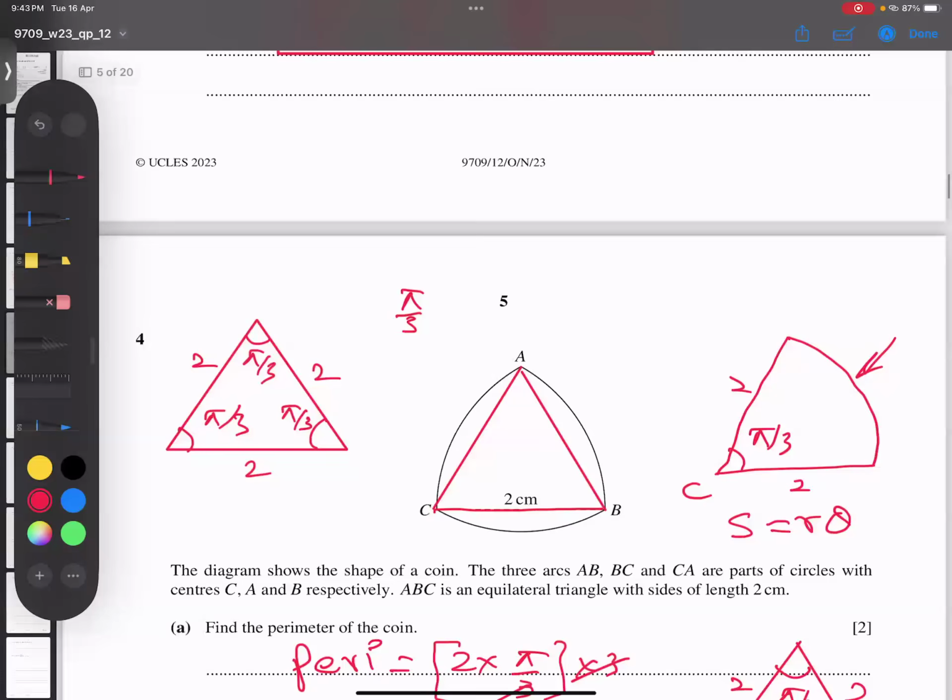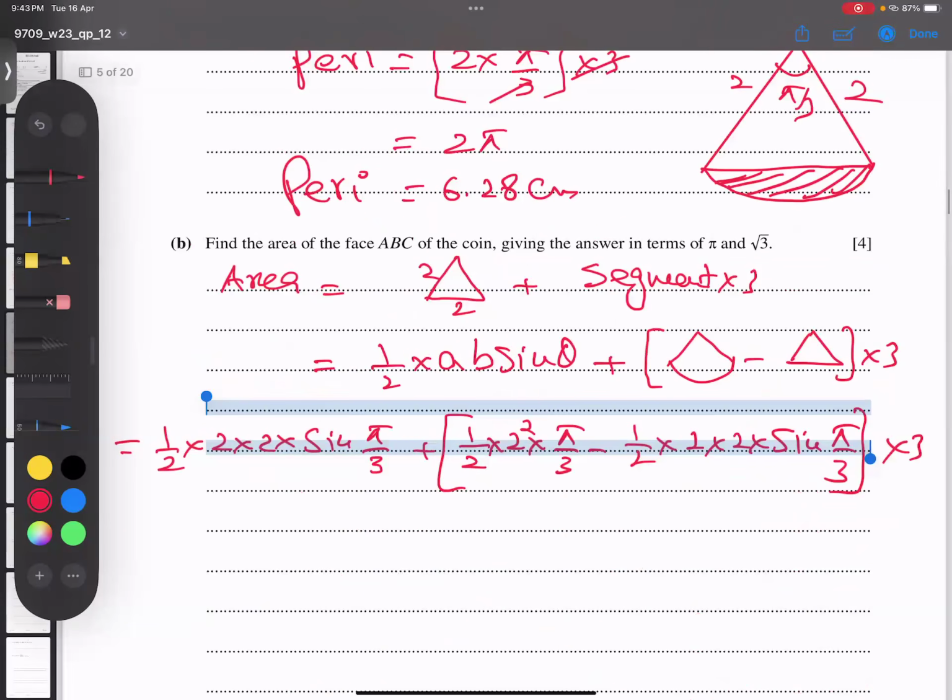Now let's see how we can complete it. The 2s cancel, and we have 2 times 2 sine pi by 3, but make sure we give the answer in root form. So this is root 3. Here I got 2 pi by 3, and the same here, because the answer is the same. So I get root 3 and, outside, 3.